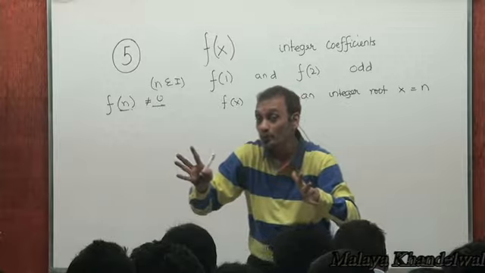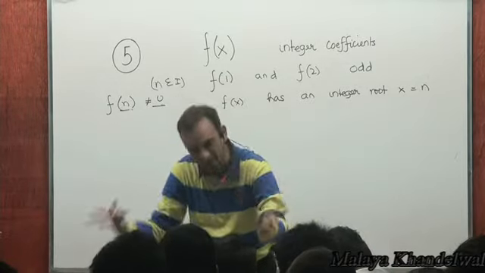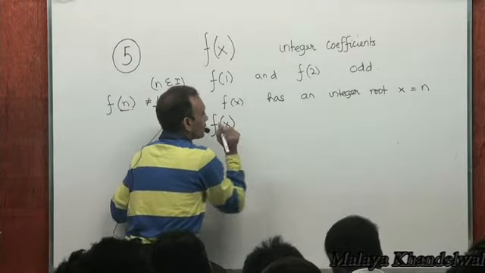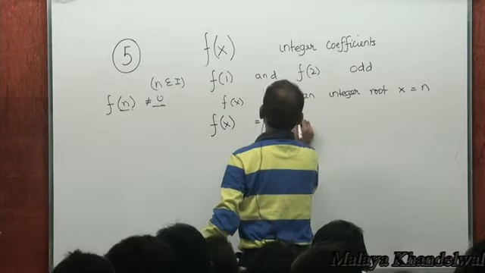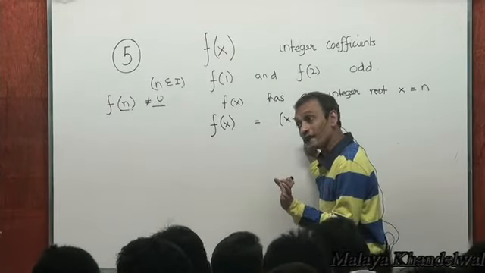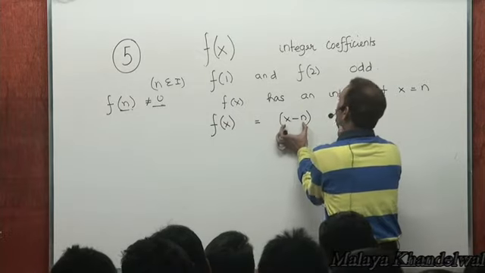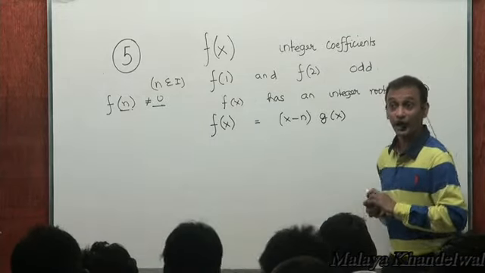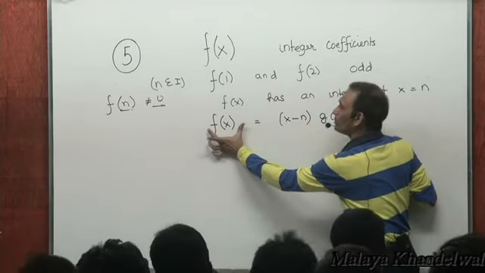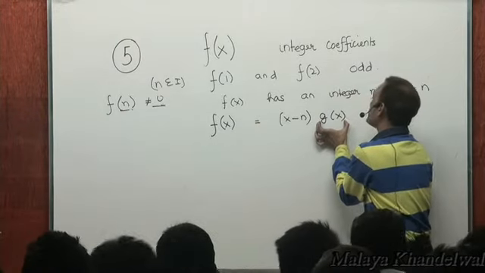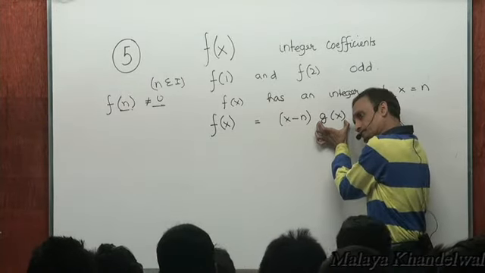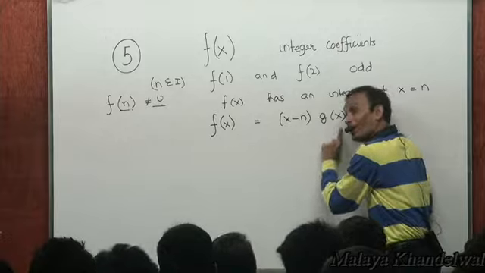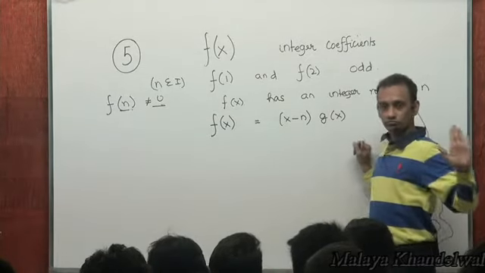And when you factorize something, you are producing an identity. So f(x) must have a factor x minus n, and f(x) could be looked upon as (x minus n) times some other polynomial g(x). If f(x) is a polynomial of degree t, then g(x) will be a polynomial of degree t minus 1. And if f(x) has all integer coefficients, then g(x) will also have all integer coefficients. Yes or no?